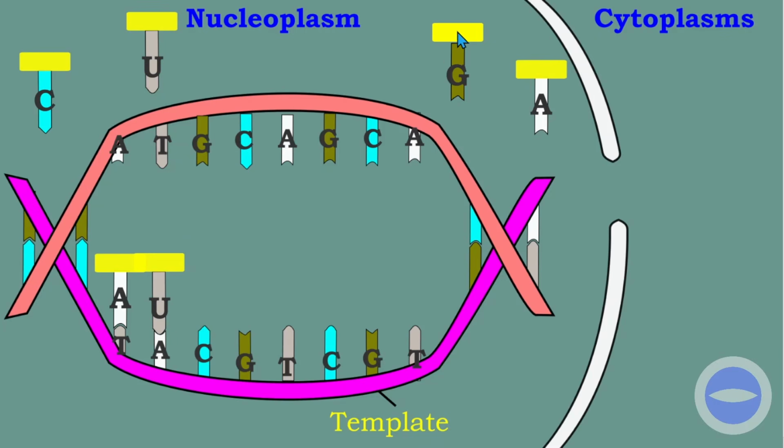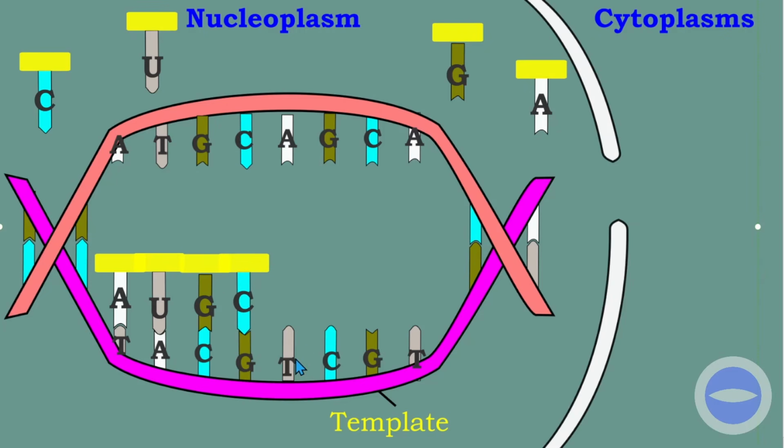Cytosine pairs with guanine. Then we will go with guanine, and here we've got guanine, and then again guanine. Guanine pairs with cytosine. So we need C here.